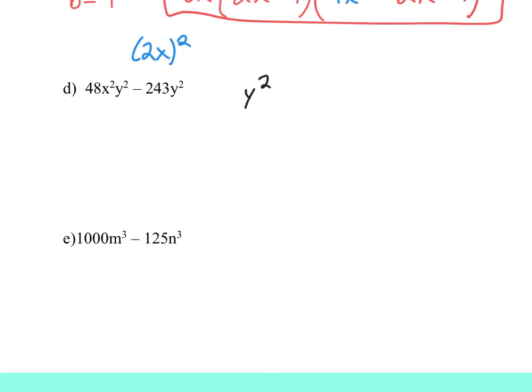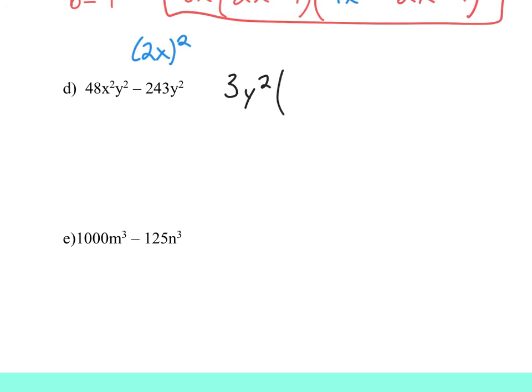Okay, use a calculator and find the greatest common factor between 48 and 243. Three goes into both? Okay, is that the biggest that will go into both? Yep. Thank you.